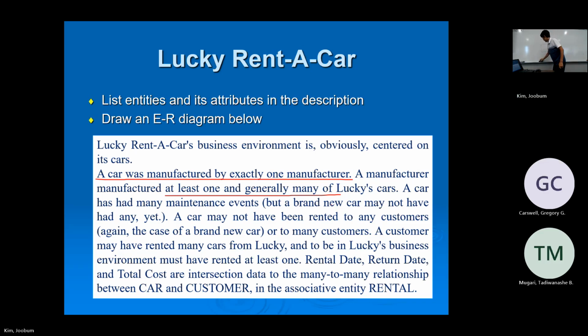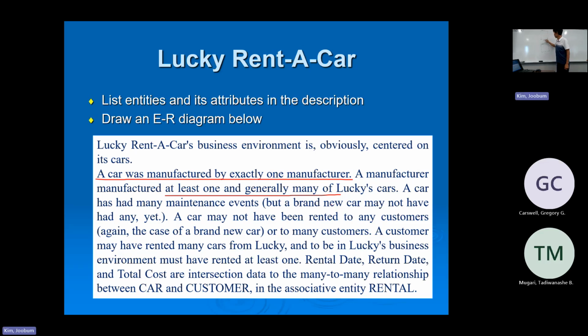Okay, this is a car and this is a manufacturer. So this manufacturer has what? Many cars, and vice versa. From the point of the car entity, how many cardinality? One.